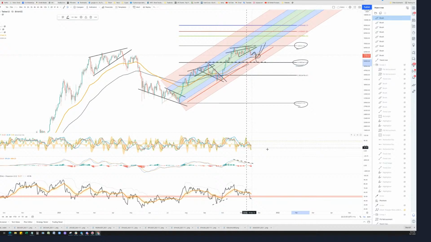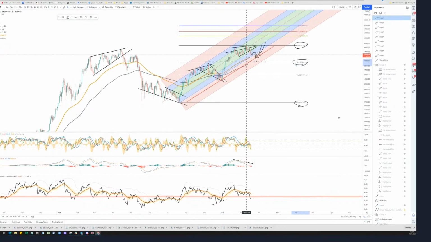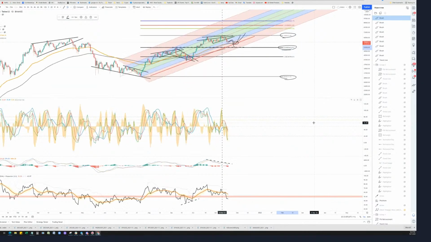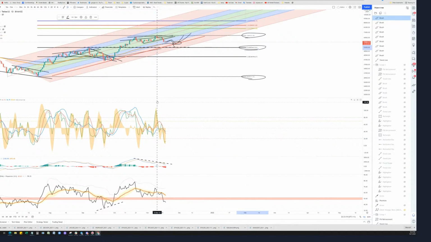So what I'll be looking for is a bit of confirmation from this one or two tools that I got here. And everyone that's familiar with me, my stuff, I use this Phoenix, and if the green RSI along with the momentum, basically these RSIs measuring the distance between them, amplitude, we need to see this green come up to the 50% level, number one.